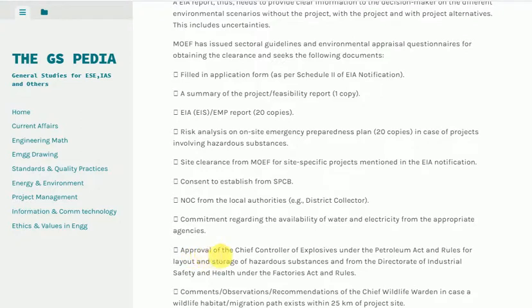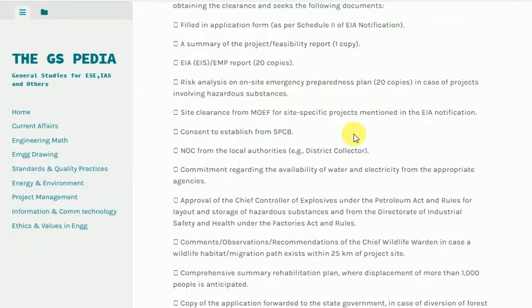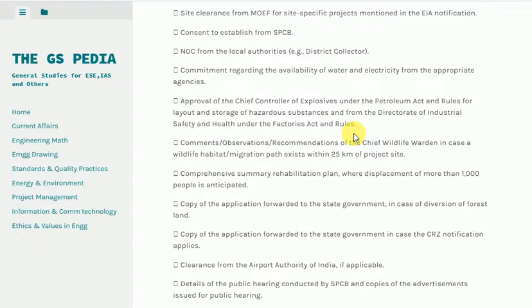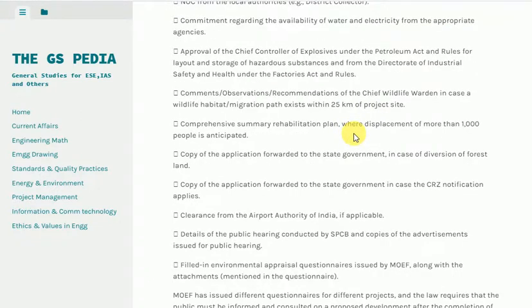Approval of the Chief Controller of Explosives under the Petroleum Act and rules for layout and storage of hazardous substances, and from the Directorate of Industrial Safety and Health under the Factories Act and rules. Comments/observations/recommendations of the Chief Wildlife Warden in case a wildlife habitat/migration path exists within 25 kilometers of the project site.